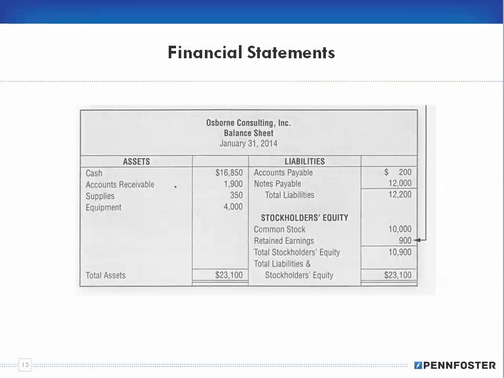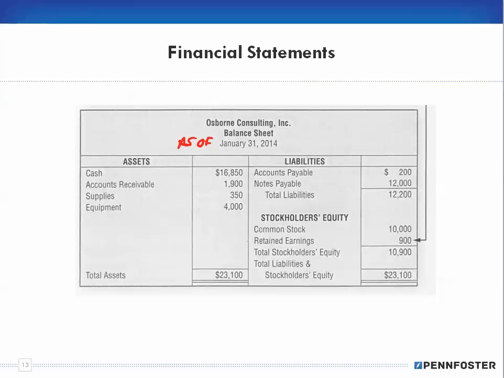Now, when creating the formatting for the balance sheet, again, the heading is centered. You put the name of the company, the name of the financial statement, which is a balance sheet, and for the date, you have to have a heading date. You can either write in just the date like it is here, or you can write as of that date.